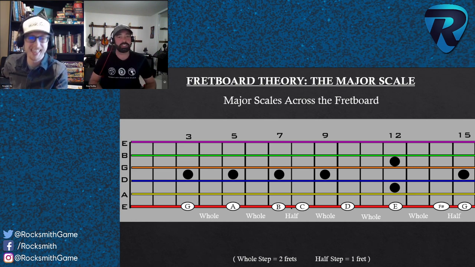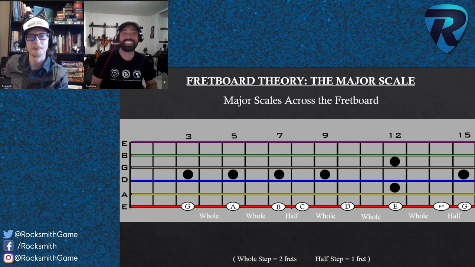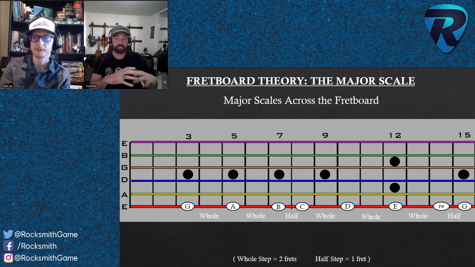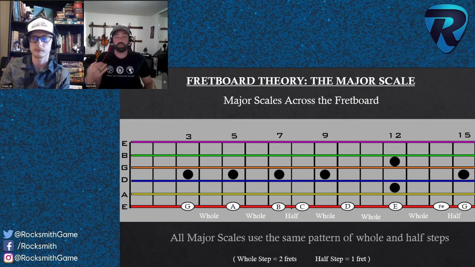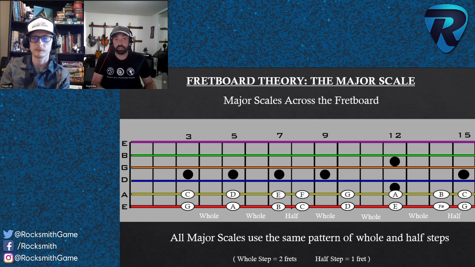It's all good. So the idea being, this is one major scale. But the thing to realize is that every single scale you're going to play is going to be the same pattern if it's a major scale. So if we were to take it up a string, you'd end up starting on the note C, and you'd get a C major scale going across the entire A string.